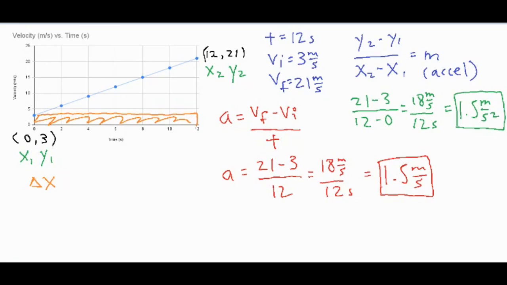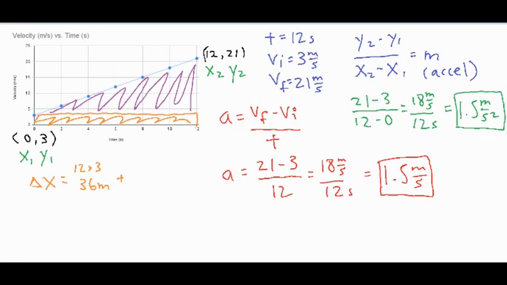And then we also have a right triangle as well. So I'm going to find those two areas, and it looks like my long rectangle is 12 wide and then goes up 3. So 12 times 3 is going to give me 36 meters.